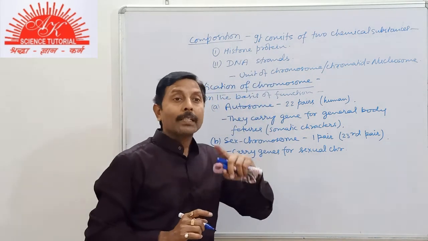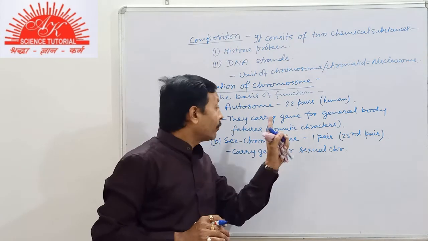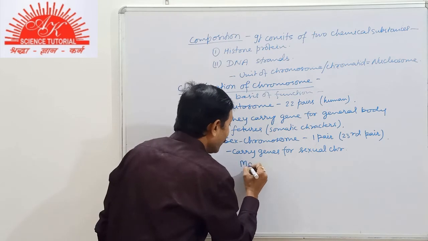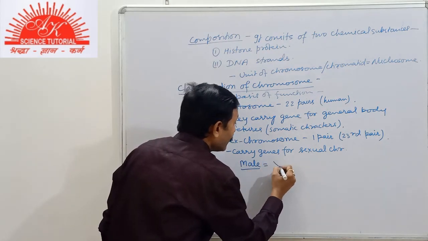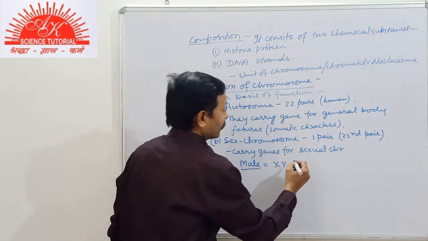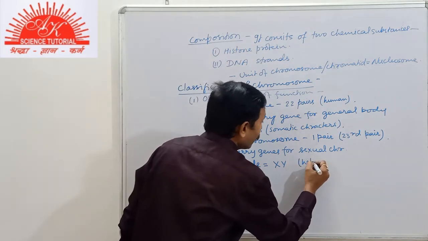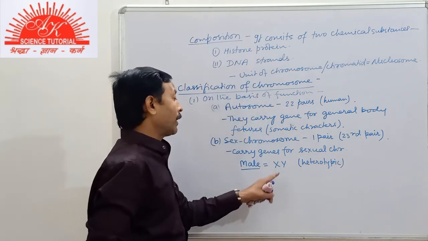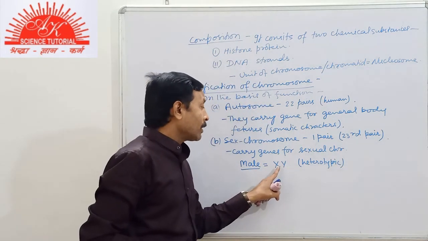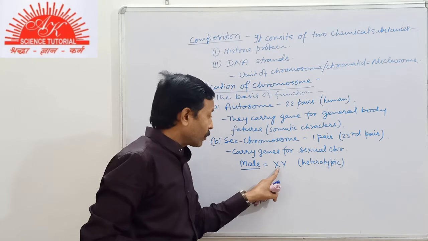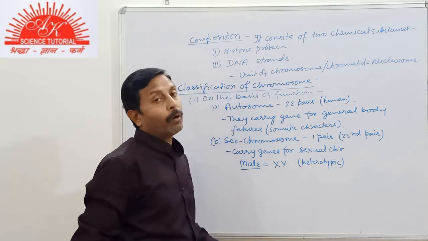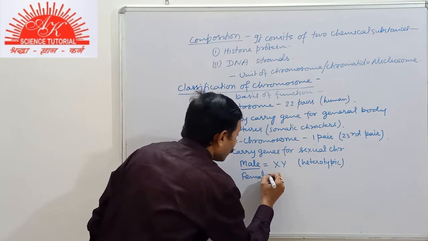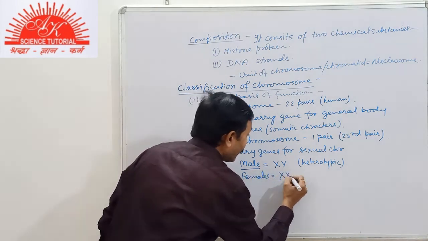Hence, the males and females will have different types of chromosomes. Like you know, in male it is XY type. That is also called heterotypic. Hetero means different. This pair will have two types of chromosomes, X and Y. Females have XX.